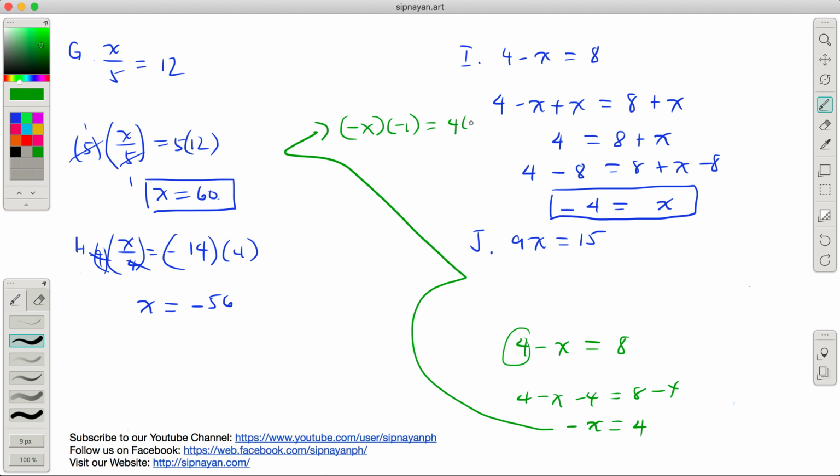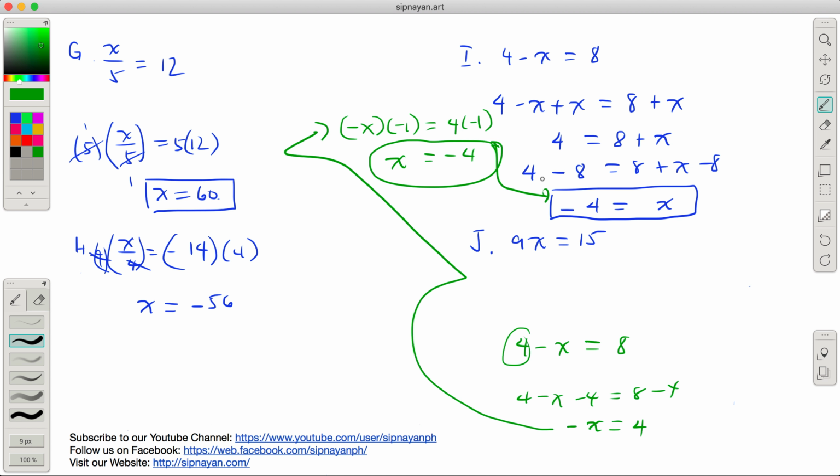This is 4 times negative 1. This is a negative and this is a negative. If you multiply, it's a positive. It's 1 times x, so it becomes x, positive. And this is equal to 4 times negative 1, which is negative 4. Okay? They're the same, right?